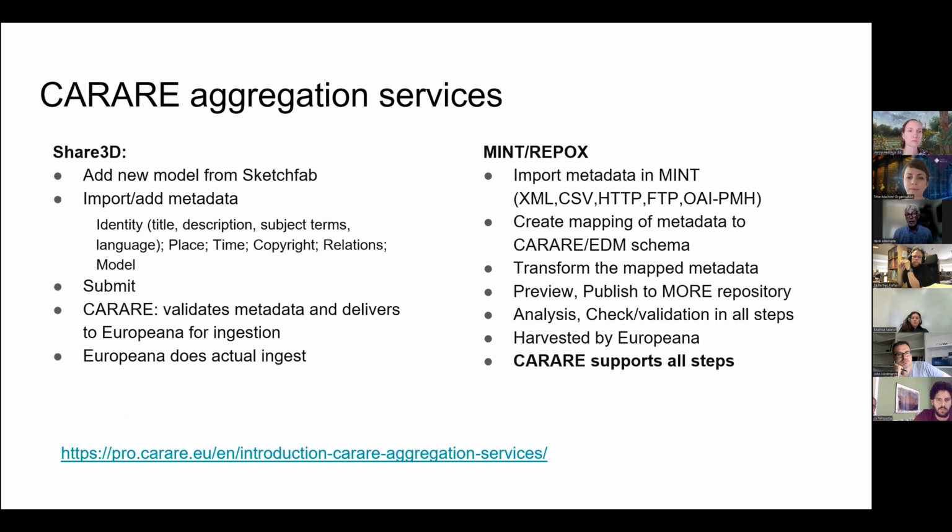Then you import metadata from Sketchfab, and you can edit or add more metadata, like identity, such as title, description, subject, terms, language, but also the place of the 3D heritage object, the time or the time period, copyright, licensing, relations, which may be files or resources outside Sketchfab. And of course, information about the model itself, how it was created, you can add over there as well.